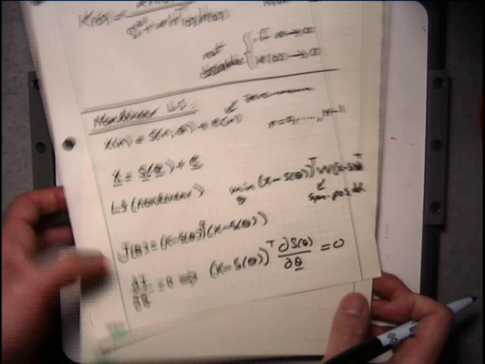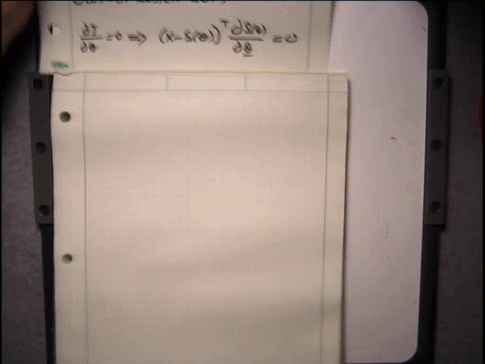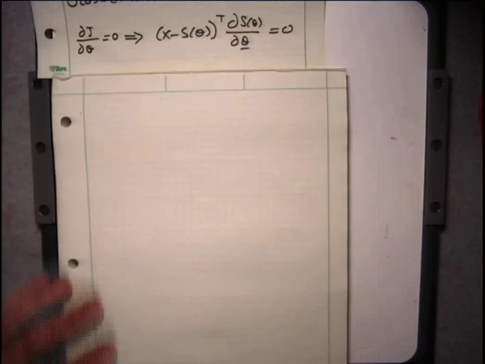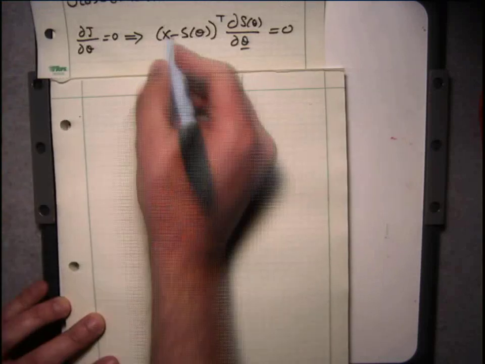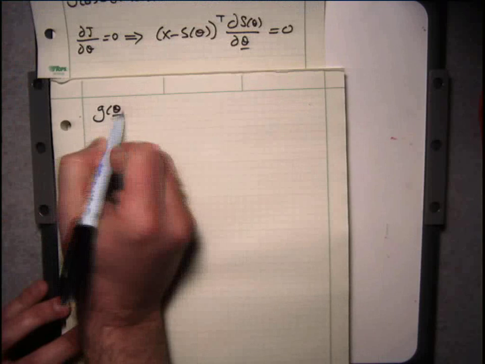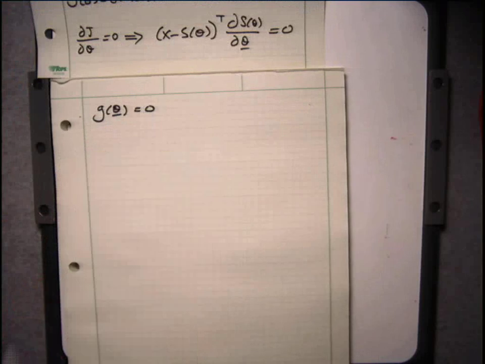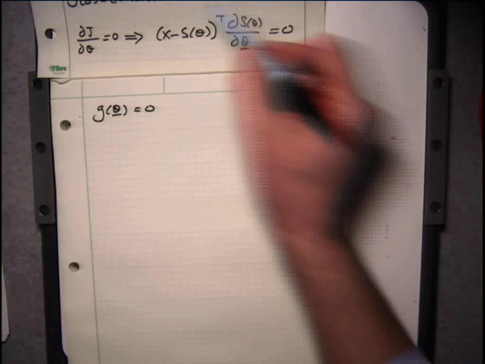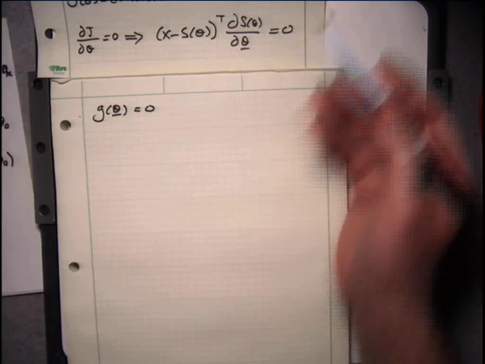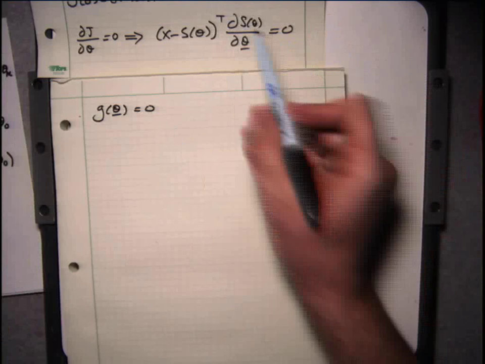But in any event, this looks a lot like something we dealt with before. So you can write this function here. You can just think of it as some g of theta equal to 0. Okay? This is just some probably pretty ugly algebraic equation in terms of theta, and you want to solve this equation g of theta equals 0.